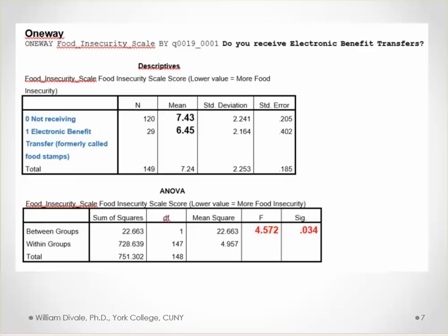And if we look at the F score, again, it's 4.5, and the significance is 0.034. So the likelihood that this difference could have happened just by chance is less than 3.4% out of 100 times we did this study. So people receiving food stamps do experience more food insecurity. In other words, they should be receiving food stamps.